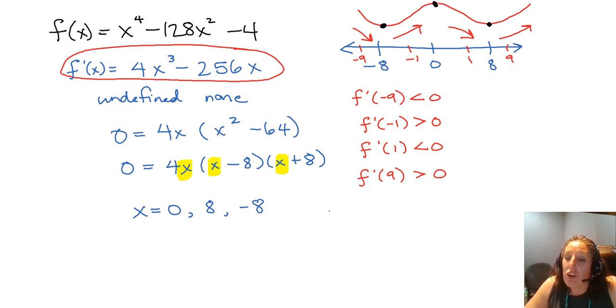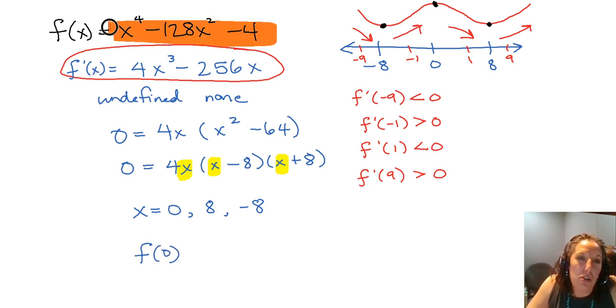Now we need to figure out what those max and min values are, and to do that we're going to plug into our original function. So now we want to take each of those critical values and plug back in. Now we're plugging into this original piece right here, and now we do need to know what that actual value is.